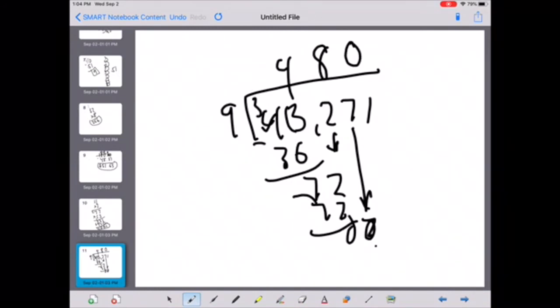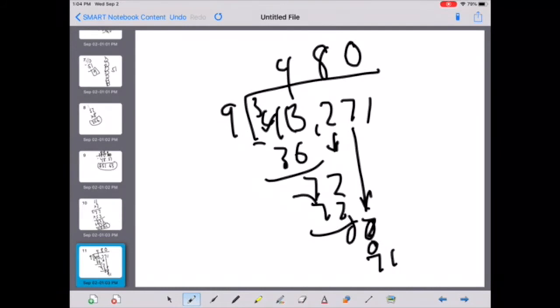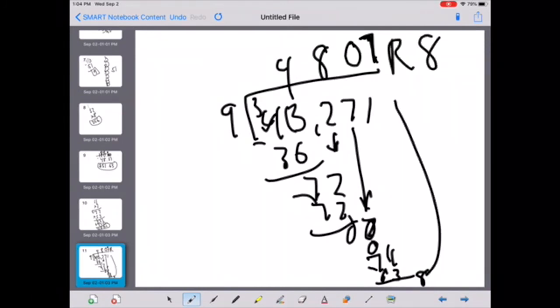It goes in there 0 times. 7 minus 0 is 7. Bring down the 1. Goes in there 7 times is 63. Subtract, get an 8. So sorry, that's a really sloppy 7. I have 4,807, remainder 8. Okay, so don't forget the remainder. I think that's the first time this year we had a division problem that gave us a remainder with it.